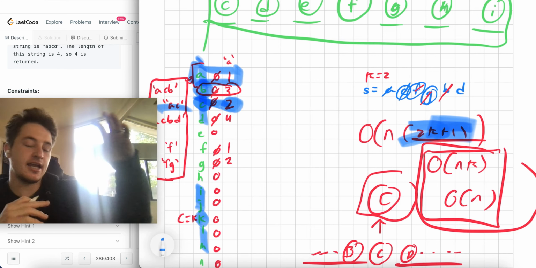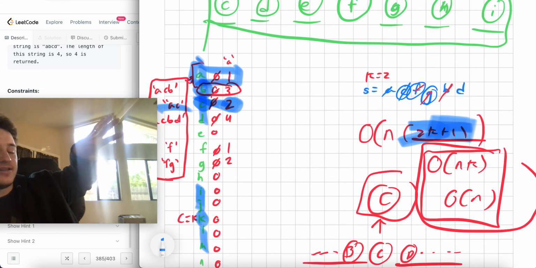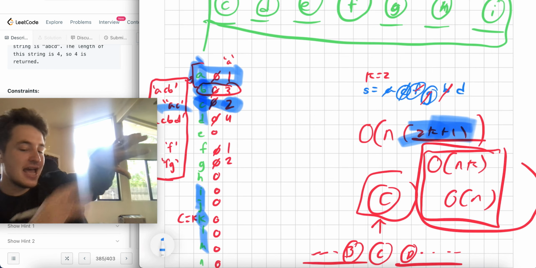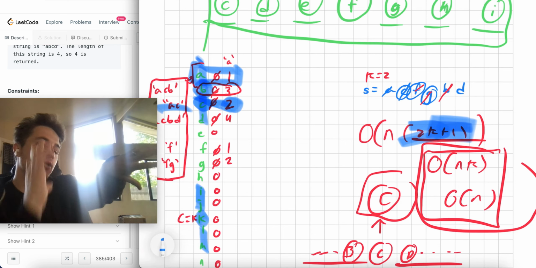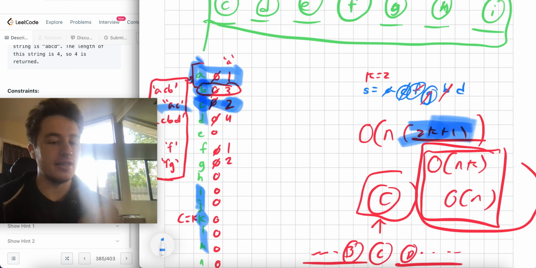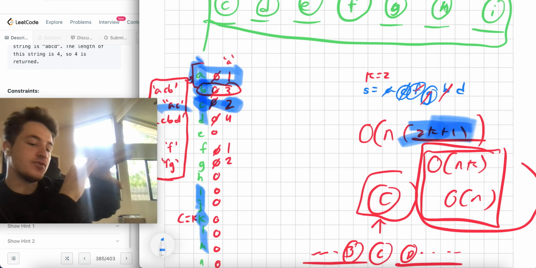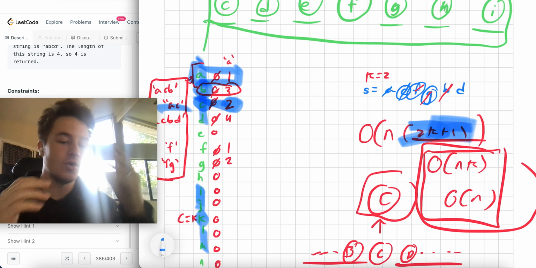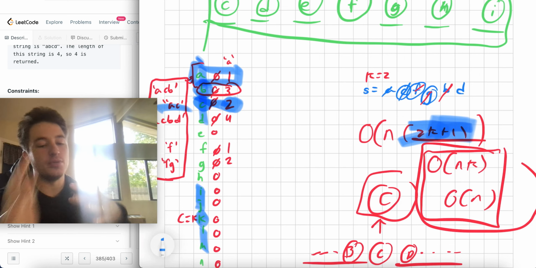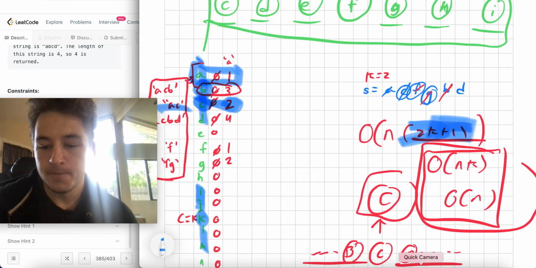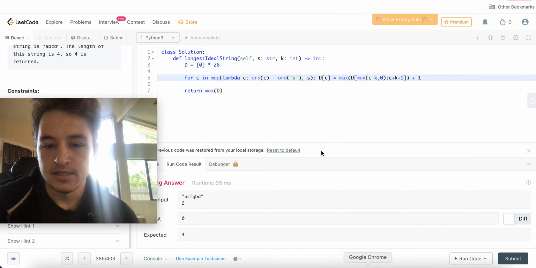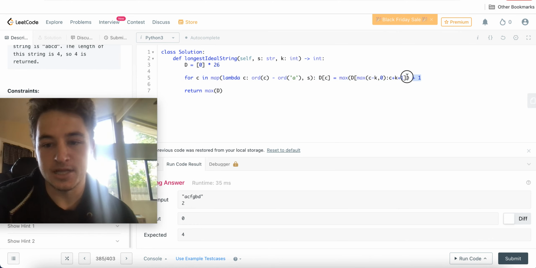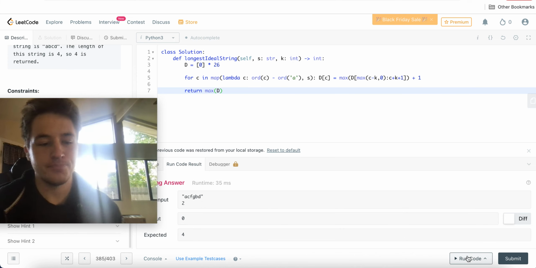Because the maximum thing I connect to was this subsequence that ended in A, and then I added myself to it, so I added 1 additional element. So now the length becomes whatever the length of the subsequence I'm attaching to is, plus me, which is length 1. So this is the length of the max subsequence I can attach myself to, plus 1 to include myself.